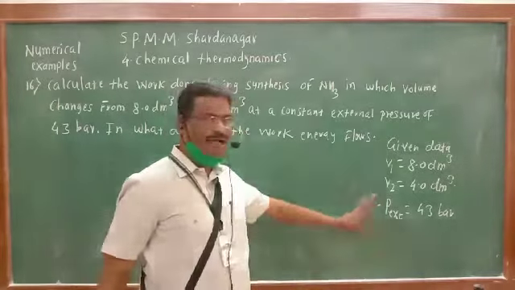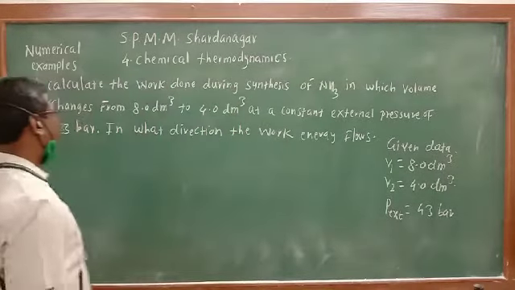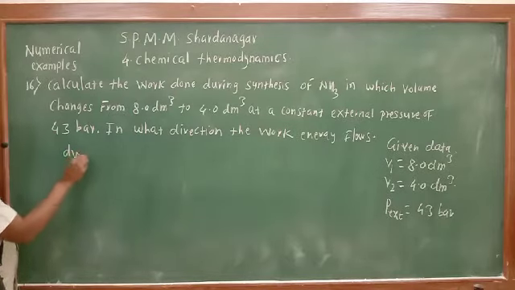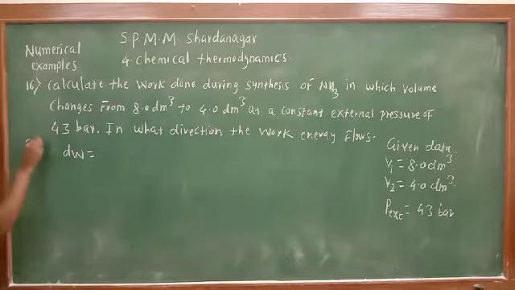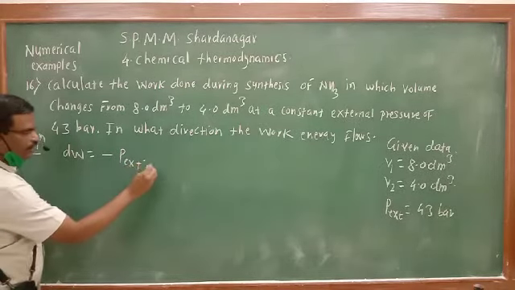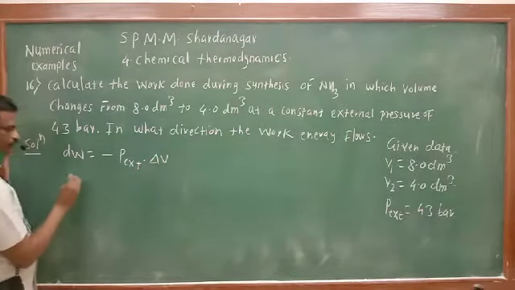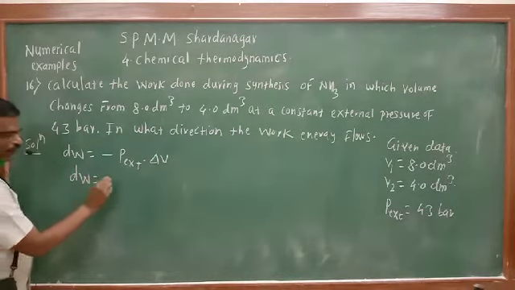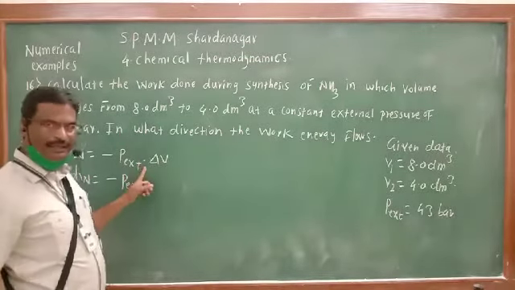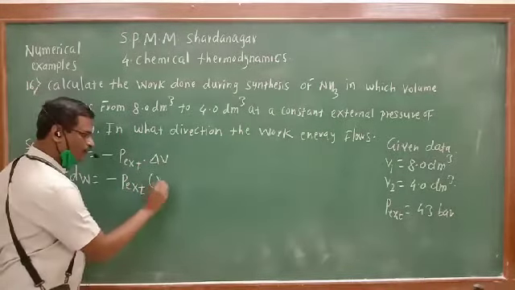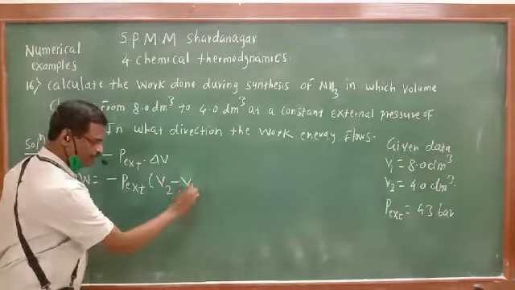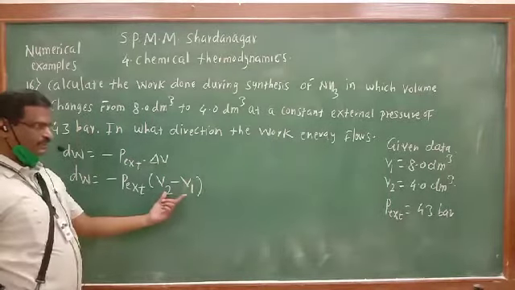From this data we can calculate the work done during this process of compression, and we know that work done dW can be calculated using the formula dW is equal to minus P external into delta V. What is delta V? Delta V is nothing but the change in volume, initial volume to final volume, means V2 minus V1.